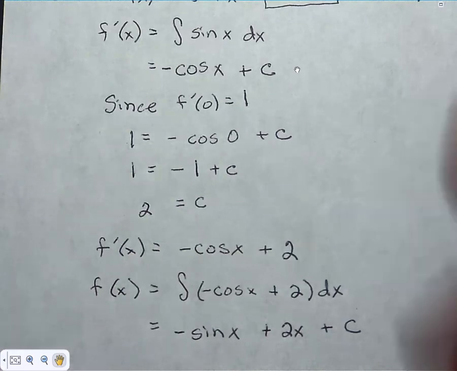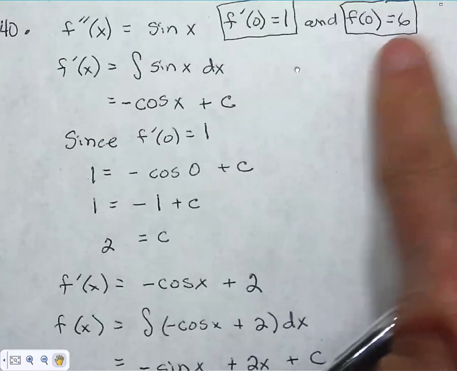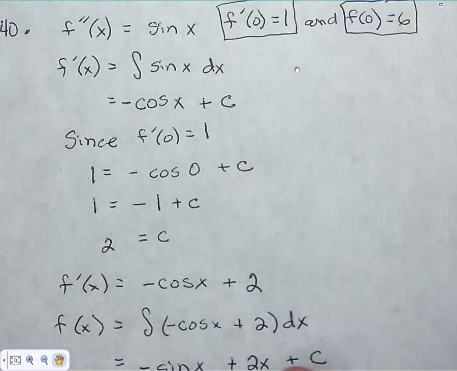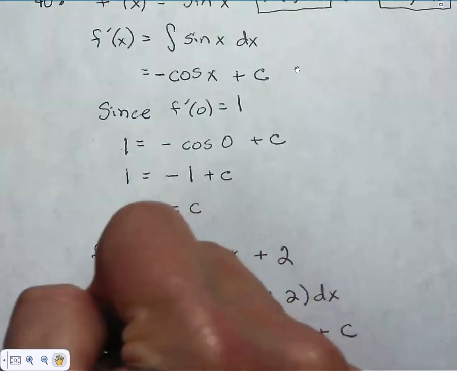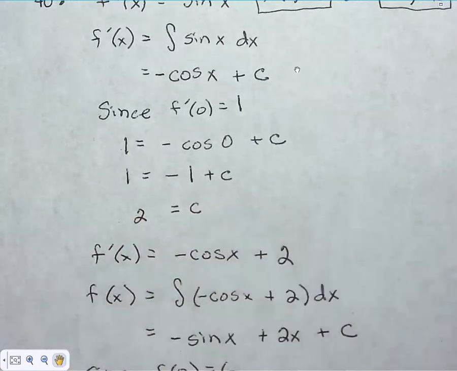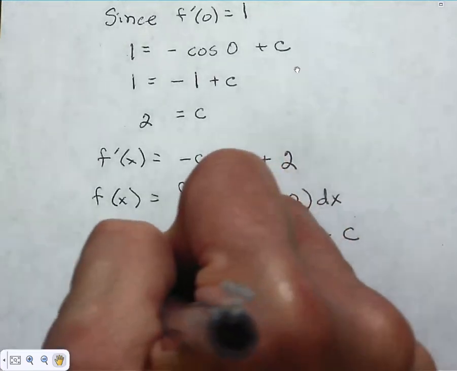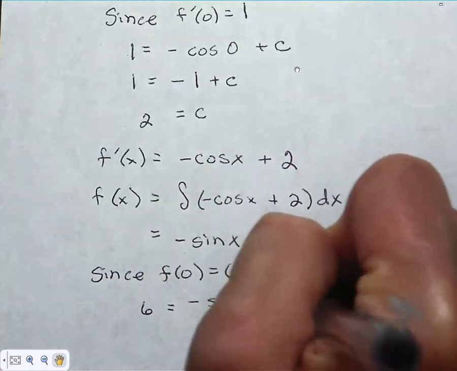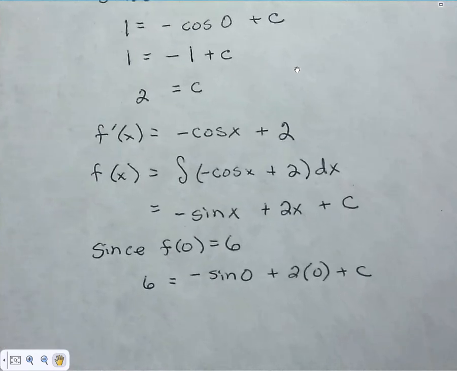And then because I'm given the value of the function, when x is 0, the function value is 6, I can do the same thing to find the constant of the function, just like I did to find the constant in the first derivative. That's f of 0 equals 6. That means if I put 0 in the place of x, both x's, I can solve for that constant.